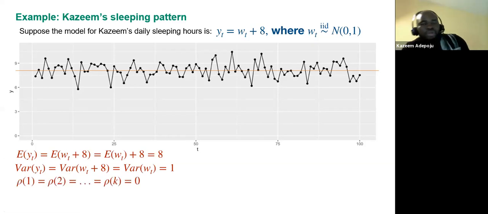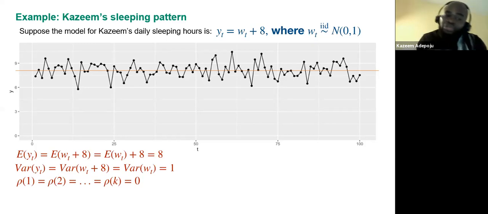In a situation where my model is a white noise, the number of hours that I sleep today will not depend on the number of hours that I slept in the previous day. So there's going to be independence in my daily sleeping hours. And if there's independence, what am I talking about? Rho 1, rho 2, up to rho k will be equal to 0.